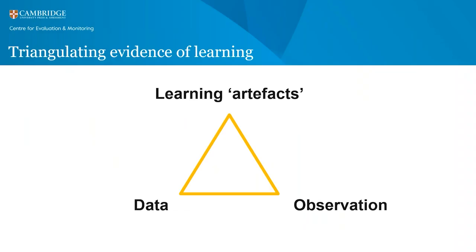And again, it's just simple things that I was probably taught as a young teacher as well. Just look at the different things that are going on. As a teacher, you see all sorts of things happening on a daily basis. You've got things that students produce. Children and young people produce what we would technically call learning artifacts. That's a piece of work in their exercise book. It's a drawing, a painting, a model they've made.